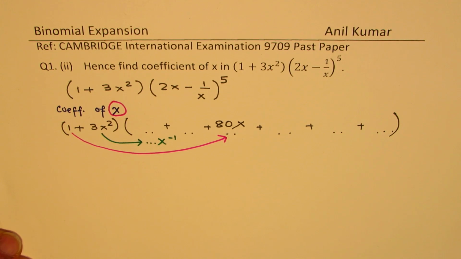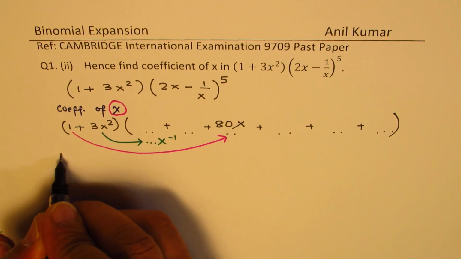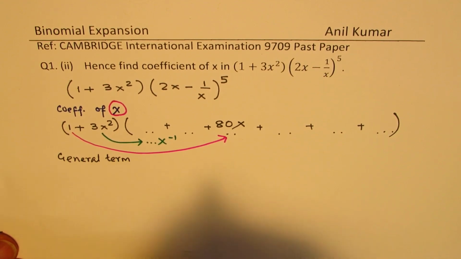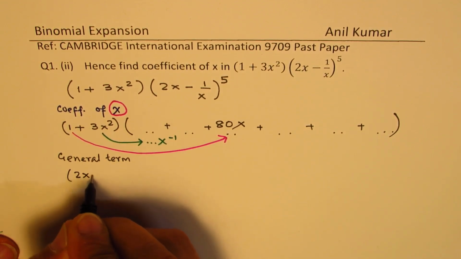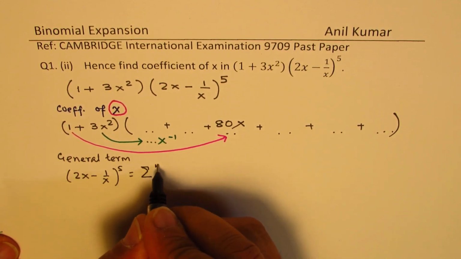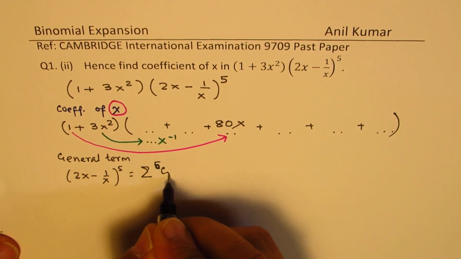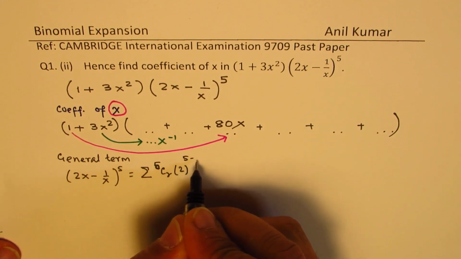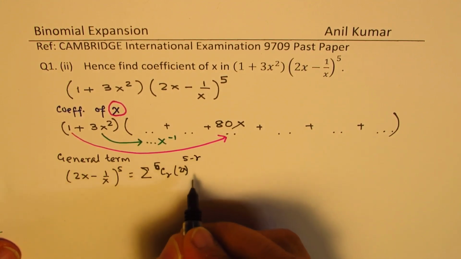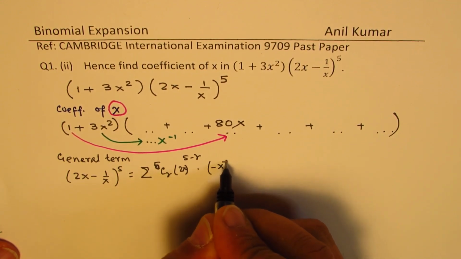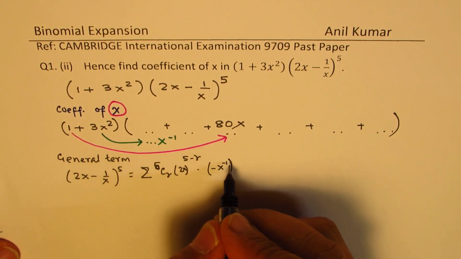So with this concept, let's move forward. Again, we'll get to the general term. So let's find again the general term for 2x minus 1 over x to the power of 5. So we wrote this as 5CR 2x to the power of 5 minus r, times you can write minus x to the power of minus 1 to the power of r.